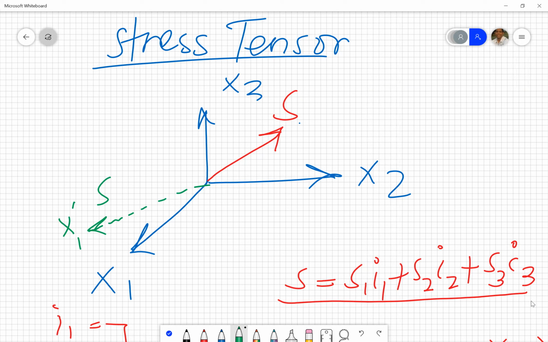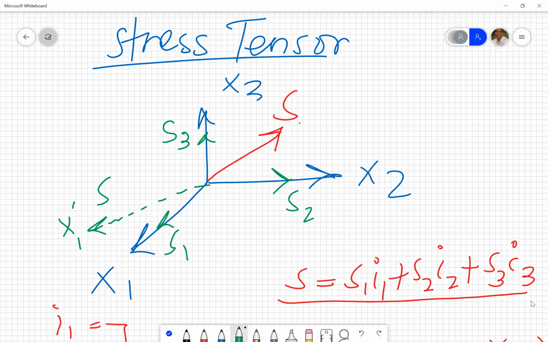Here the total stress is S1 in the x1 direction, that is S2, and here it is S3. These components S1, S2, S3 are simply the components in the x1 direction, x2 direction, and x3 direction.